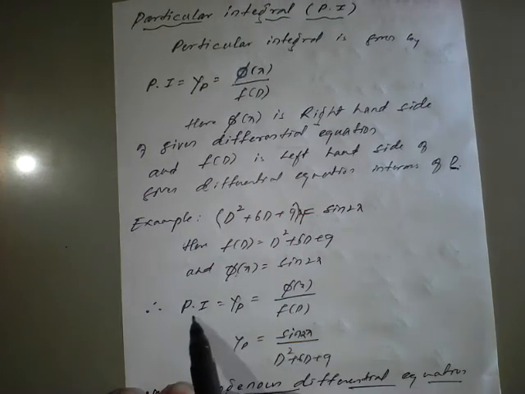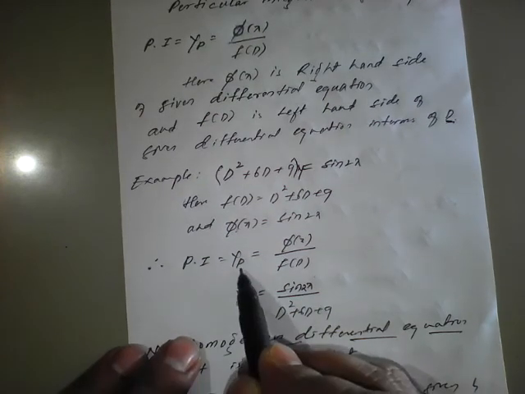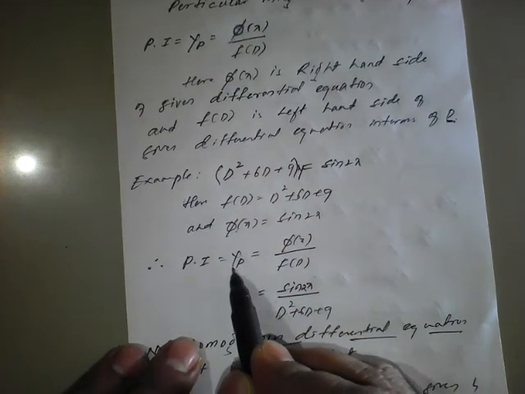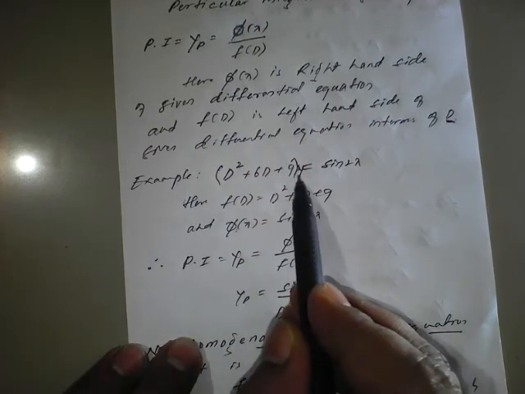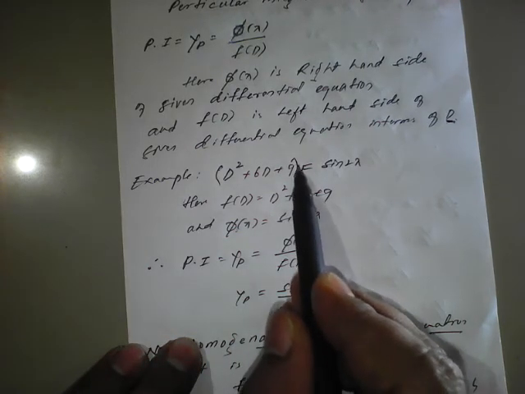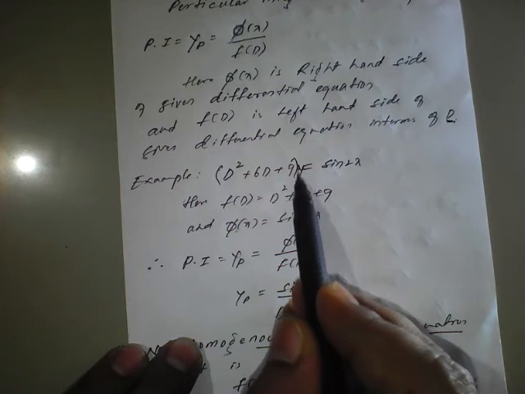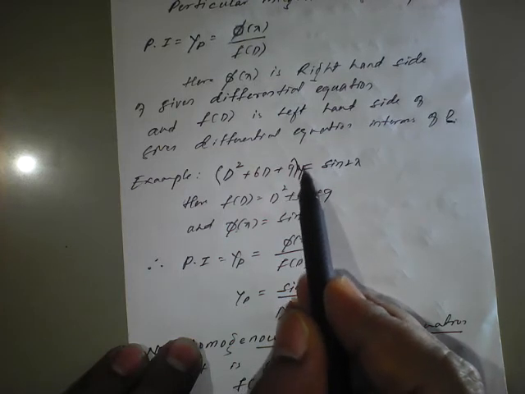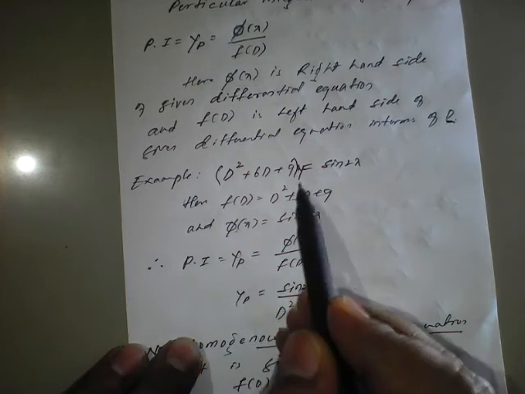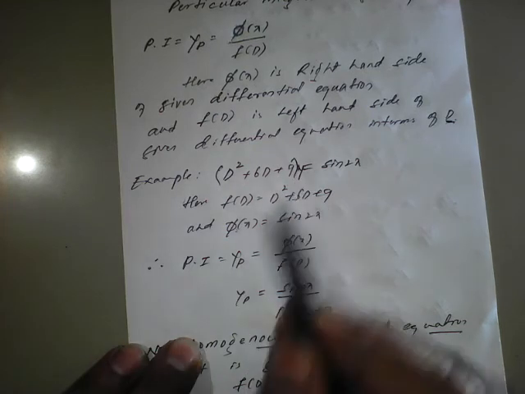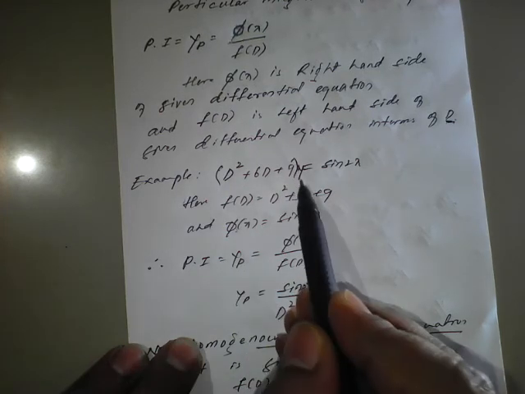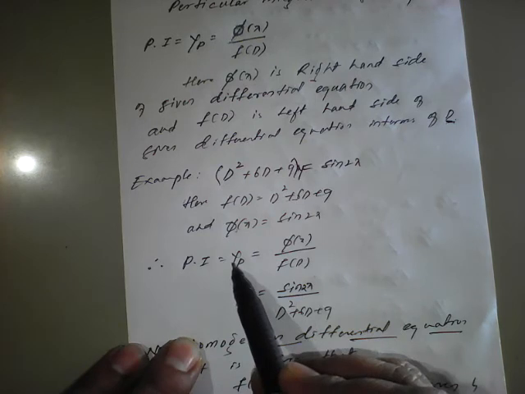So how to write PI? PI is nothing but yp. Why do we write y here? Because the equation is a function of y. Whatever the common variable is, you take that: if it is y then we write y, if it is x then we take x, if it is t you have to take t. Remember this.